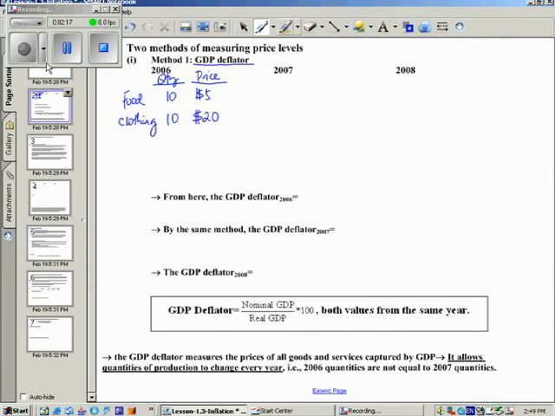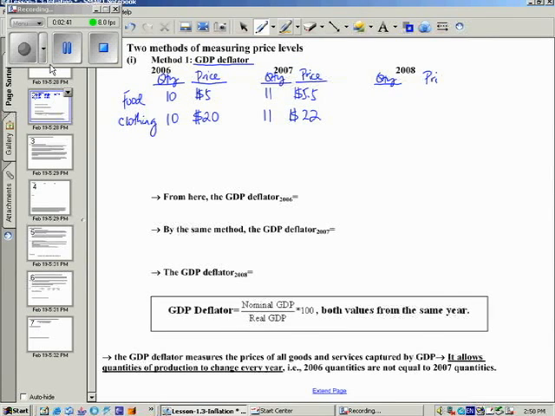For the year 2007, the quantities were 11 and 11, and the price per unit was 5.5 and 22, respectively.